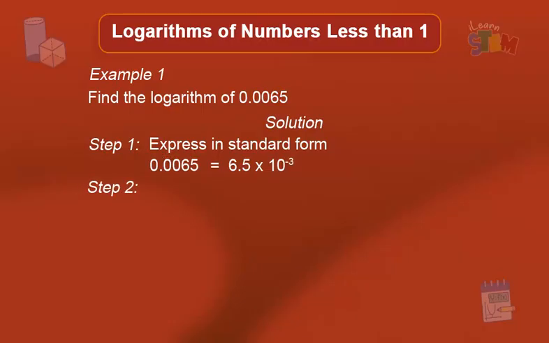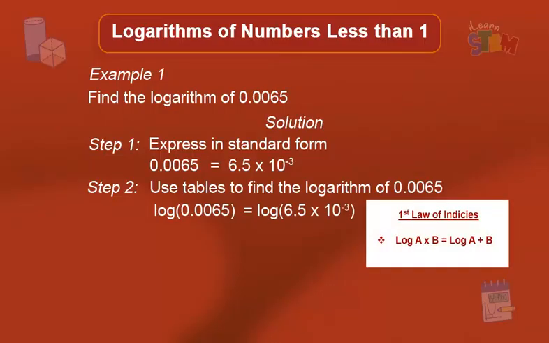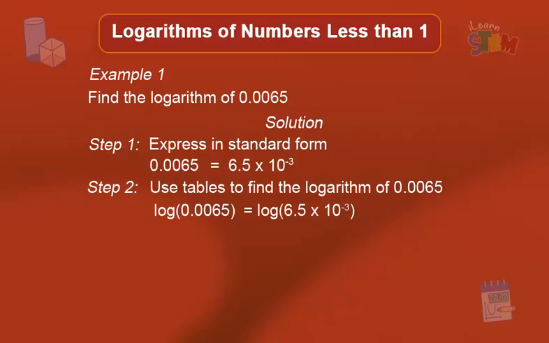For step 2, we will use the log table to find the logarithm of 0.0065, which is equal to log of 6.5 multiplied by 10 raised to power minus 3. Let's apply the first law of indices, which is log AB is equal to log A plus log B. So we write equal to log 6.5 plus minus 3.